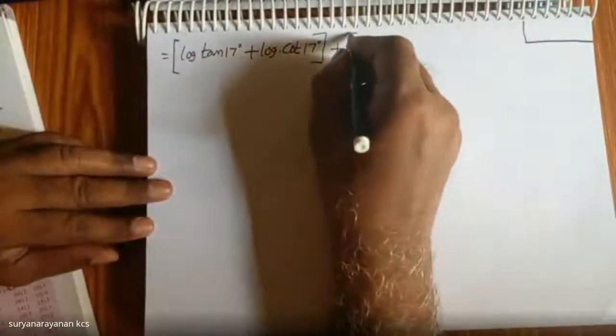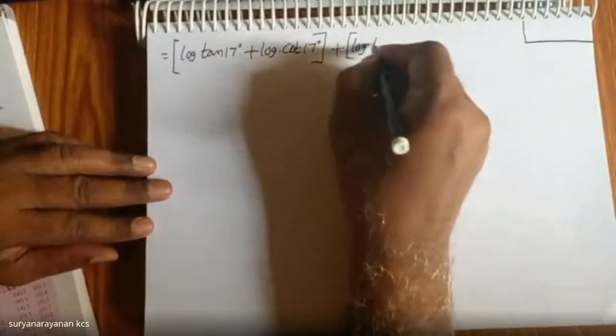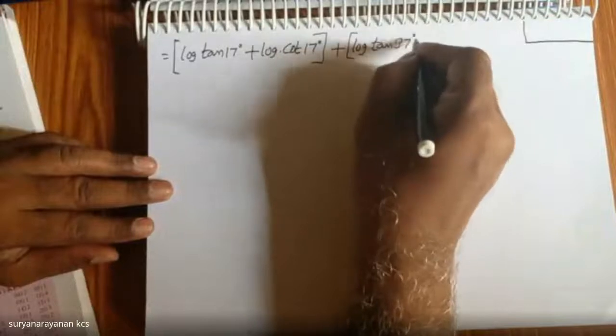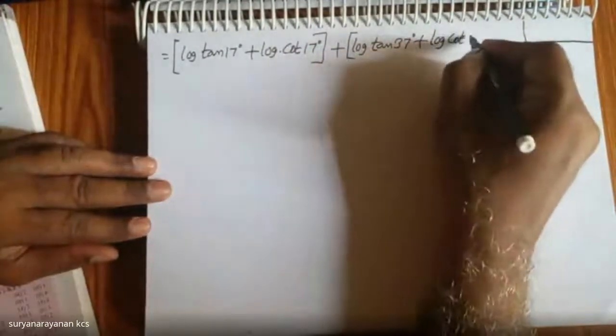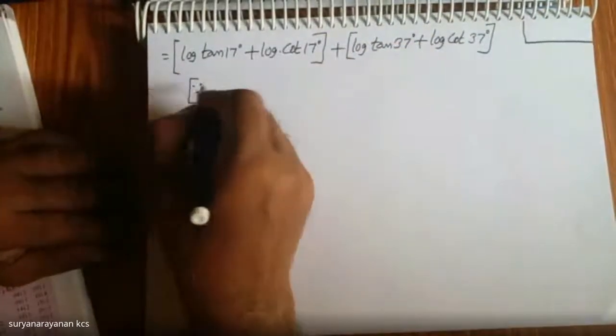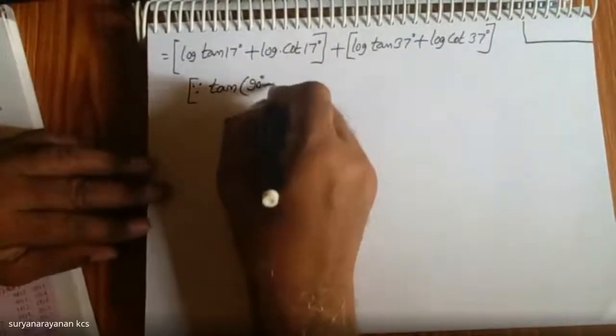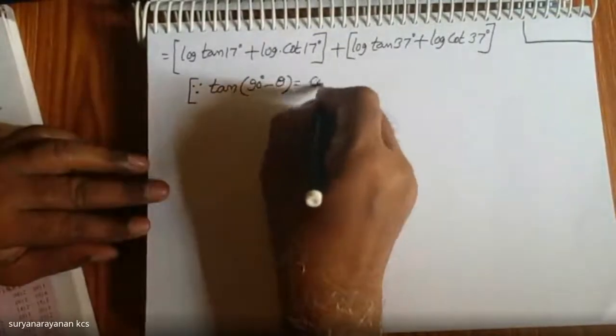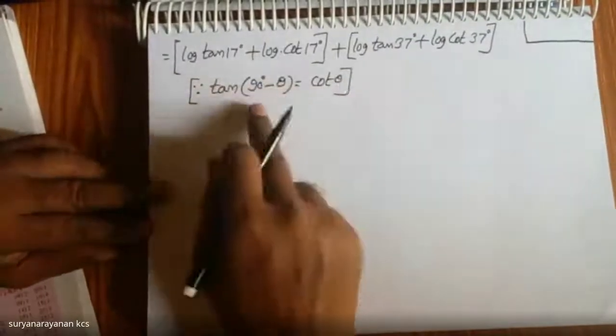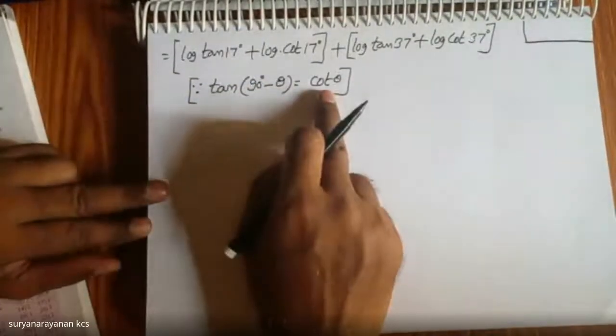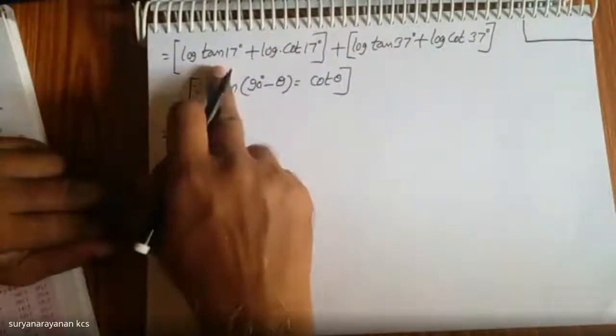Similarly, log tan 37 degrees plus log cot 37 degrees, because tan of 90 degrees minus theta is equal to cot theta. By using this trigonometric identity, we got these two. Okay, now come to these two terms.